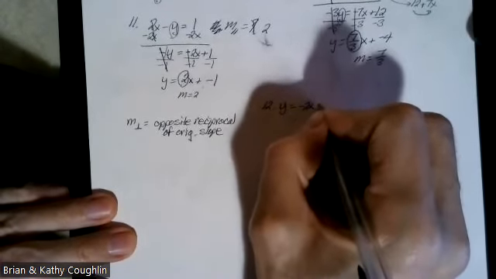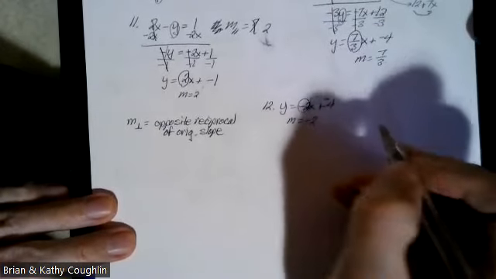Okay. So just as an example, I'll take number 12. Number 12 looks like this. I'll put it up here. Y equals negative 2x minus 4. Now, again, I like doing the opposite. So y equals mx plus b.